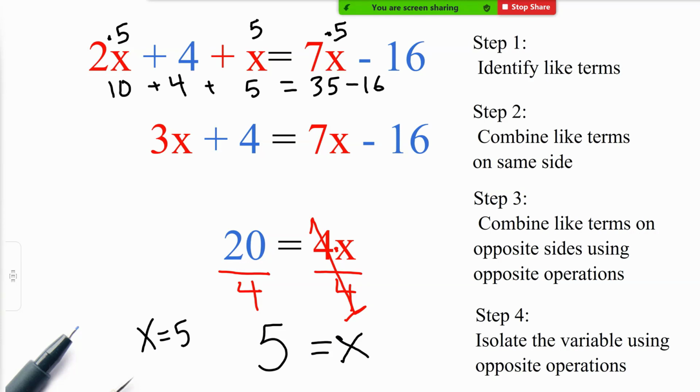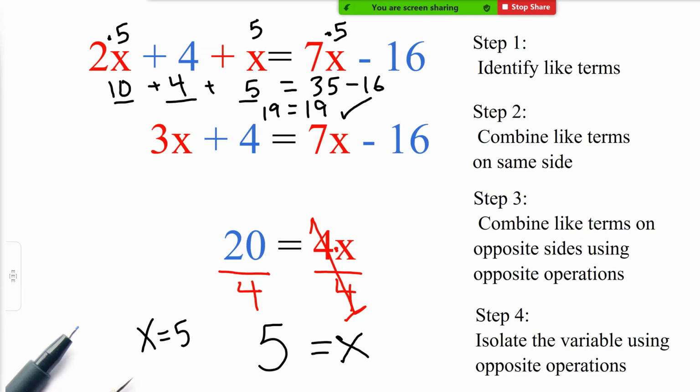Let's see. 35 minus 16 is 19. 10 plus 4 plus 5 is 19. Yep, I got it right. 19 is 19. I just double checked my solution and I verified that I am right. That's one of the things that I love about mathematics, we can check our answer before we even know that we're done. Like, we can know for sure that we're right. That's really cool about mathematics.